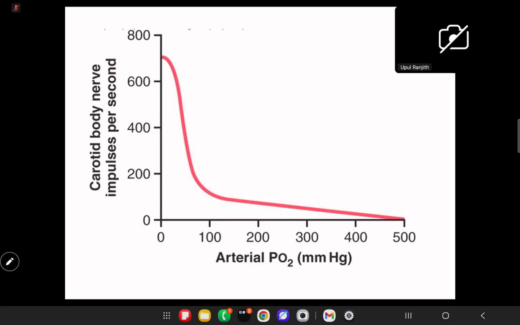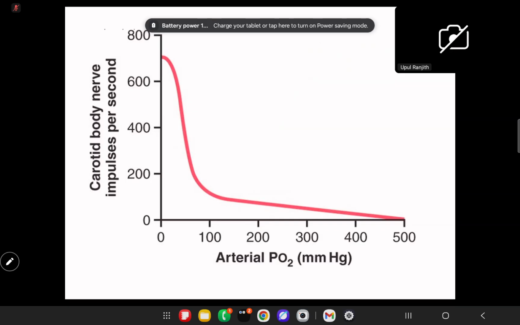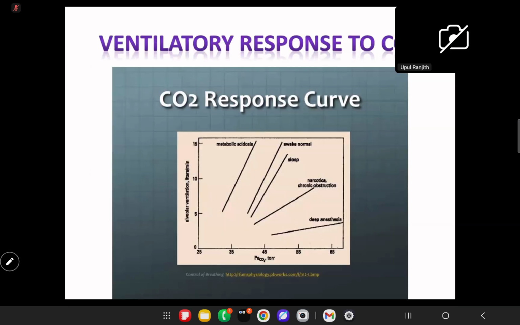Below 100, it starts rising gradually, and below 60 millimeters of mercury is a critical point, where the carotid body impulse rate increases very steeply, very fast.